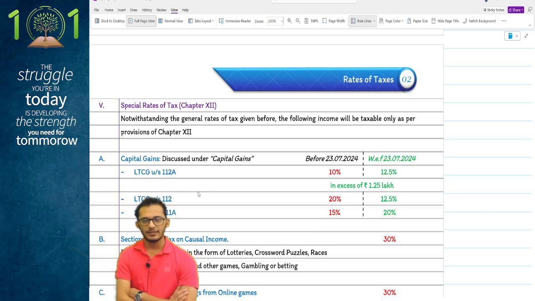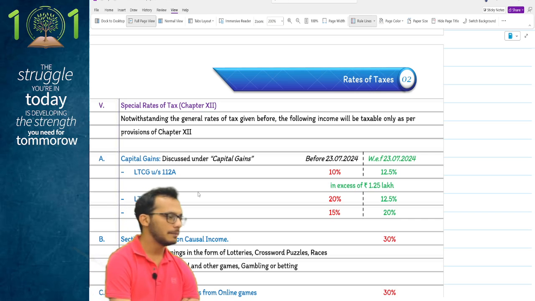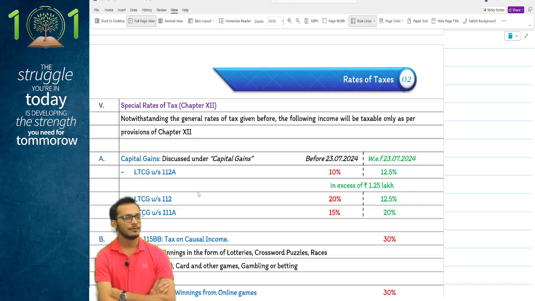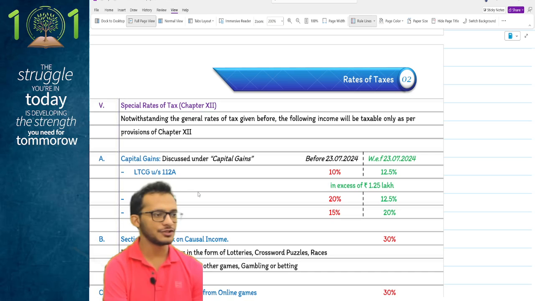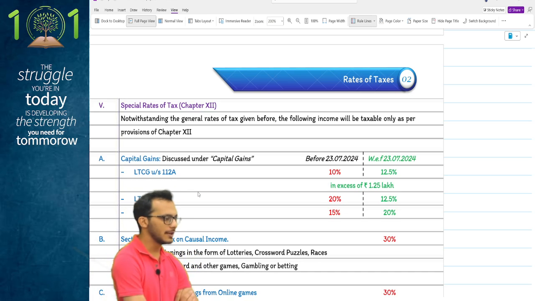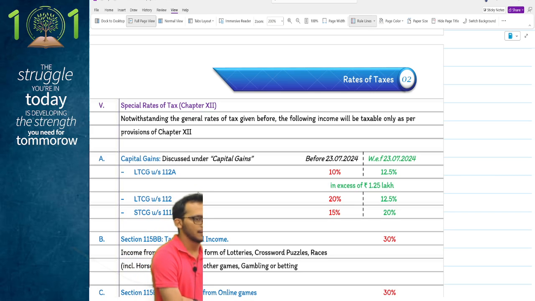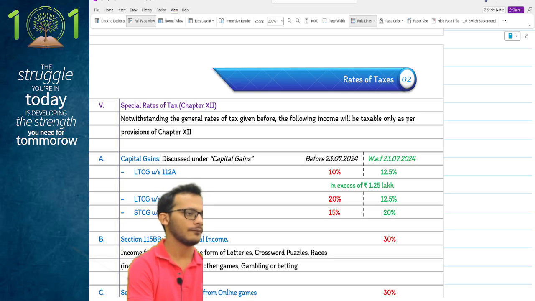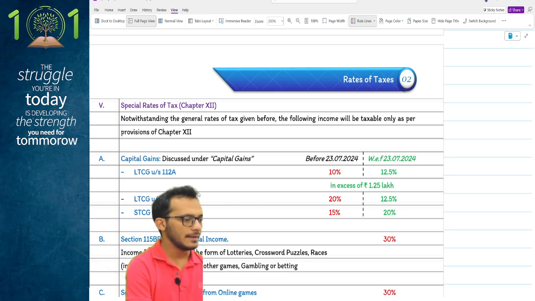LTCG under section 112A within bracket pre 23rd July is 2,40,000. And then LTCG under section 112A post 23rd July is 1,20,000.